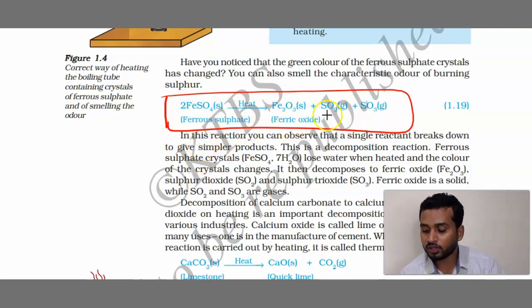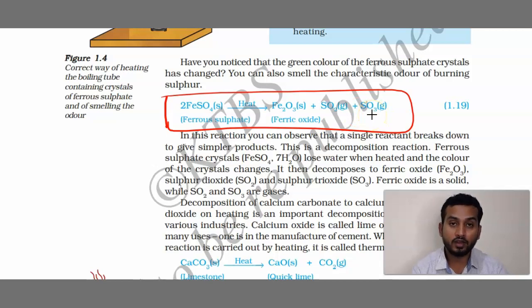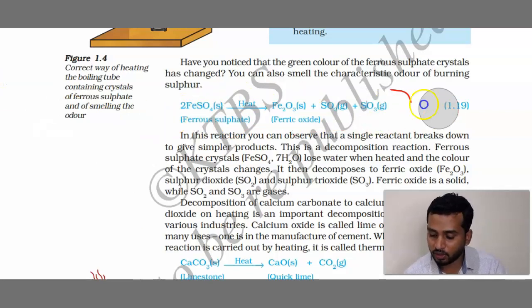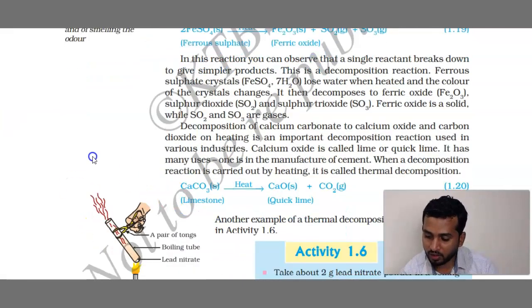It gives ferric oxide, sulfur dioxide and sulfur trioxide. Remember, this is a very important question, and they will ask you to balance this reaction also, and based on this reaction they can ask you n number of questions.